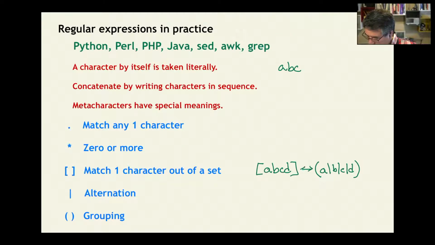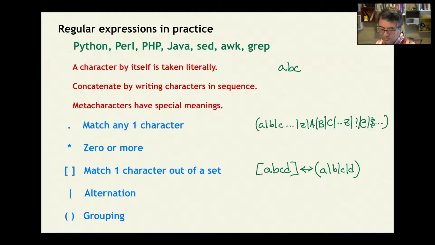These two are equivalent to each other. Matching any one character is basically A or B or C, or Z, or capital A or capital B or capital C all the way up to the big Z, or exclamation mark or at, or like I said, basically anything you can type on the keyboard is represented by that dot.